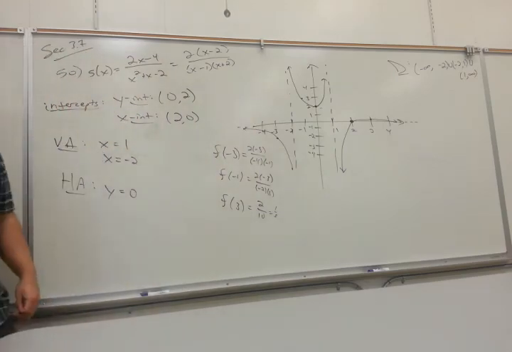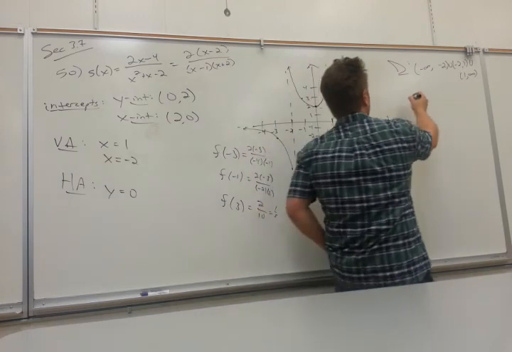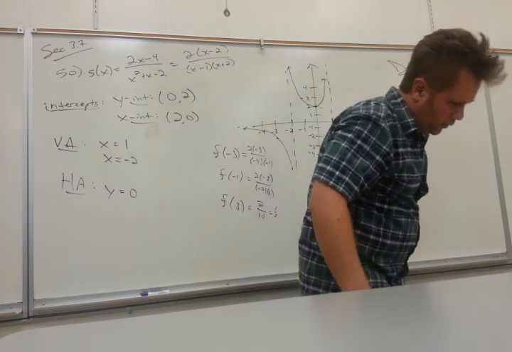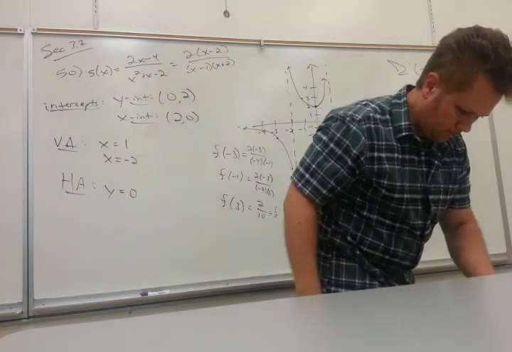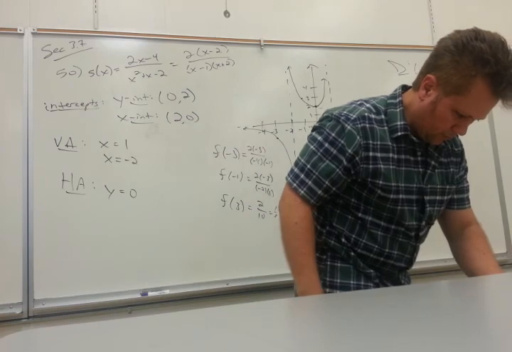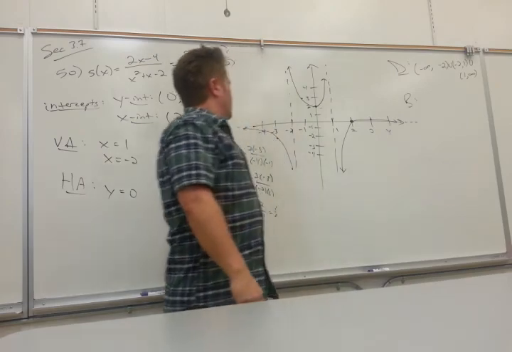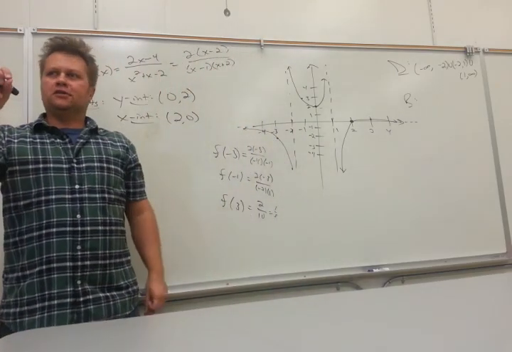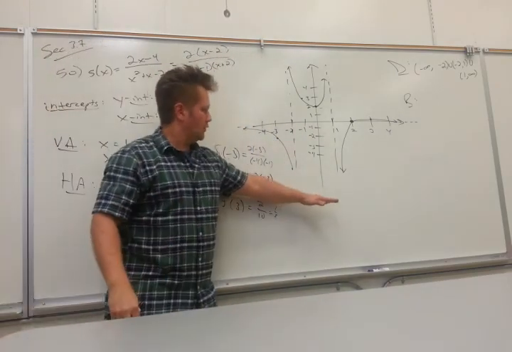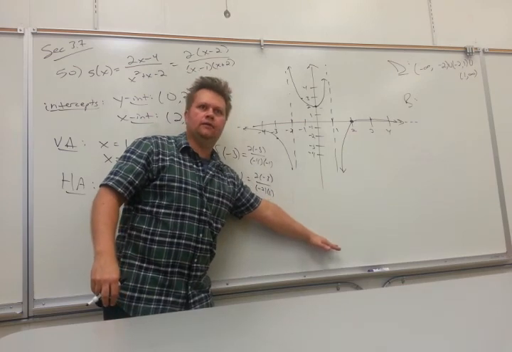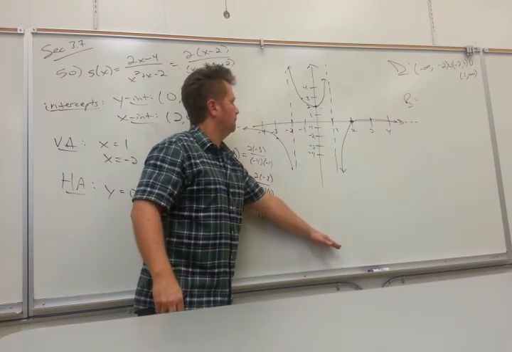What's my range? The range is going to be kind of freaky. And they want to know the range? Yeah. Well, our best guess for the range. The range definitely starts at negative infinity, and it goes up to what? 0.